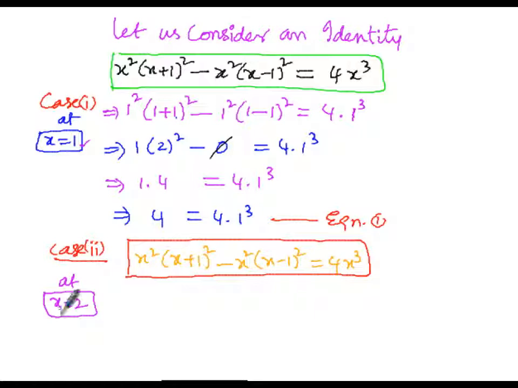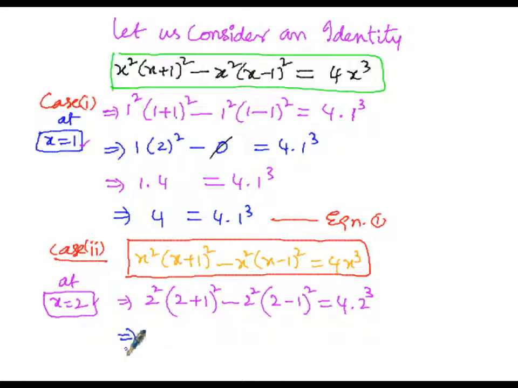So here x must be replaced by 2: 2 square into 2 plus 1 whole square minus 2 square into 2 minus 1 whole square, that is equal to 4 into 2 cube. So that implies 2 square value is 4 into 2 plus 1 is 3.